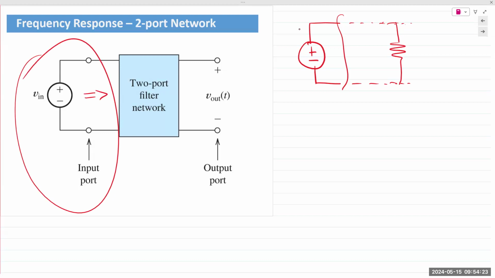And then the output is taken on the right. That output could be across a capacitor, it could be across an inductor, it could be across a resistor. And we will study those circuits in this chapter. And then we combine both the terminals together and we call it the output port. Input port and the output port. So this circuit can be referred to as a two-terminal, two-port network.